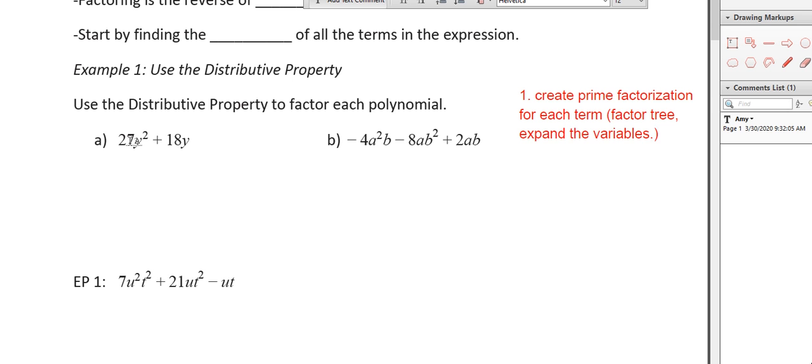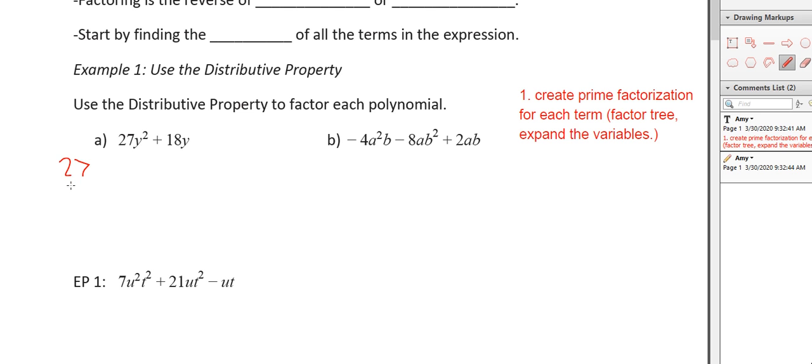So for 27y squared, we have to make a factor tree for 27. How do I get 27? Well, I know I can get 27 with 9 and 3, and 9 is 3 and 3.